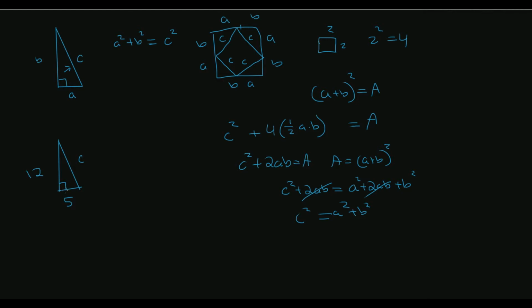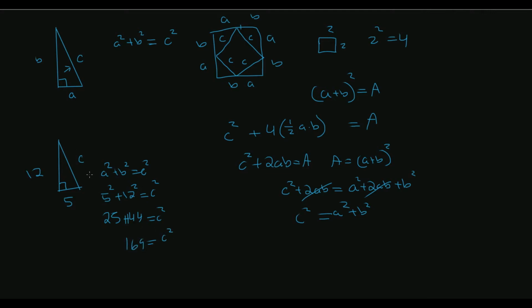The legs are the sides that make up the right angle. So a squared plus b squared is equal to c squared. So 5 squared plus 12 squared is equal to c squared. 5 squared is 25, 12 squared is 144. So c squared is equal to 169.